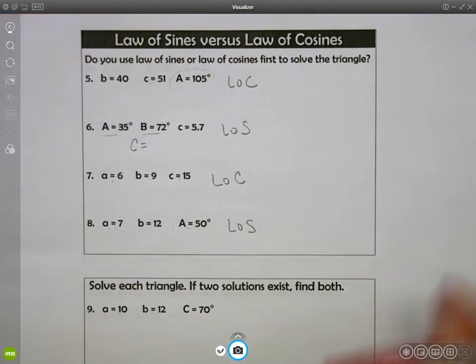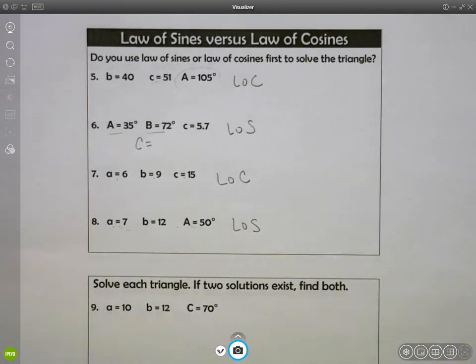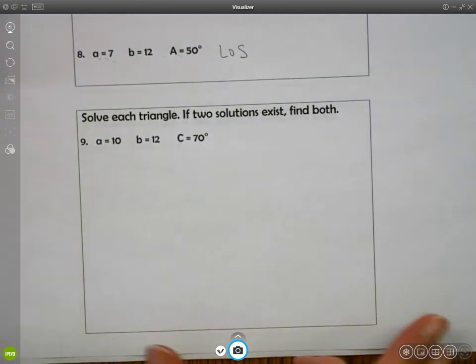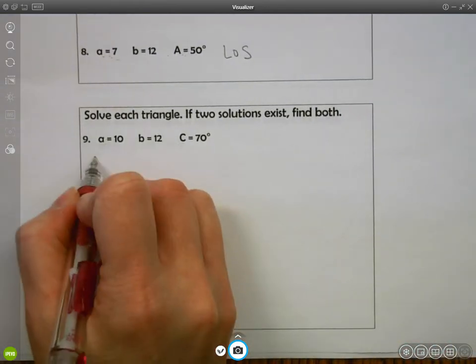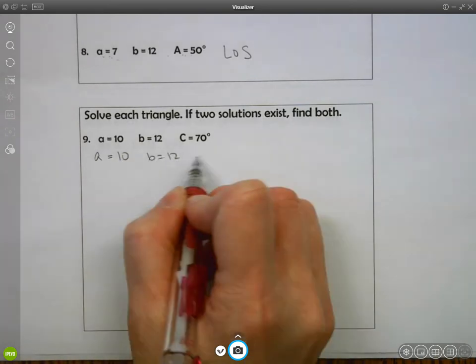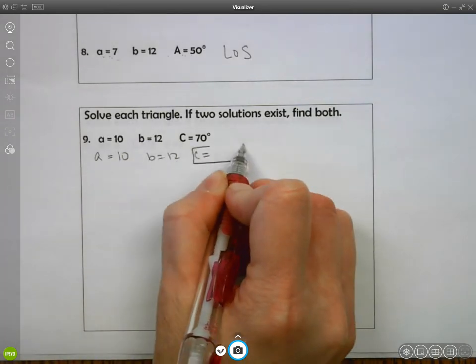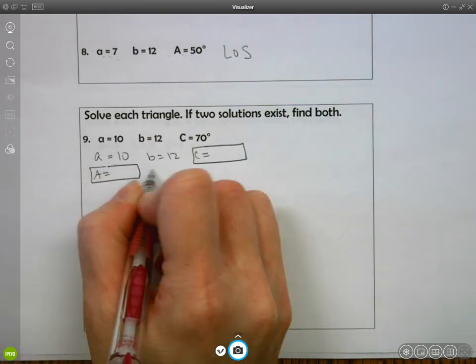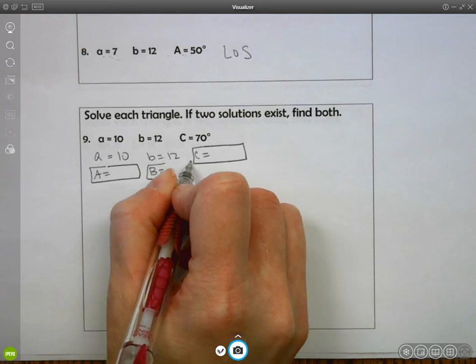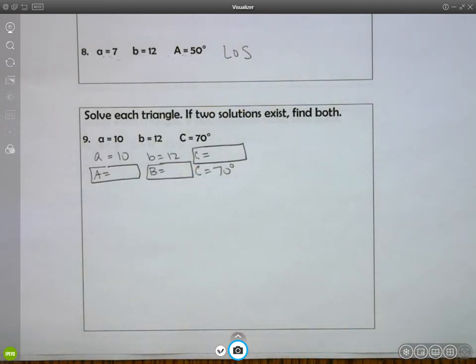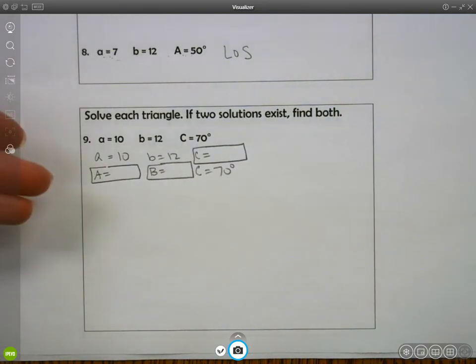All right, so now let's work on, can we solve some triangles and make a decision about what to use first. Like always, we're going to set up what it is we know and we're looking for, which is also going to help make the decision for you about what you're going to use. If we look at this, we have no matching pair, which is obvious when you set it up like this.